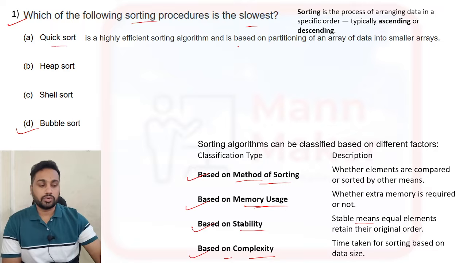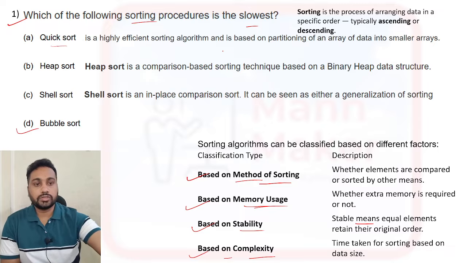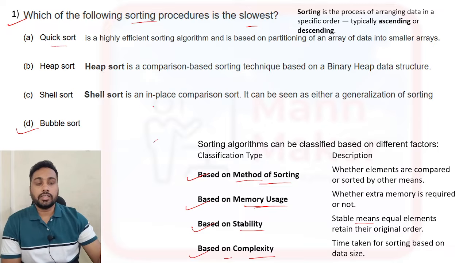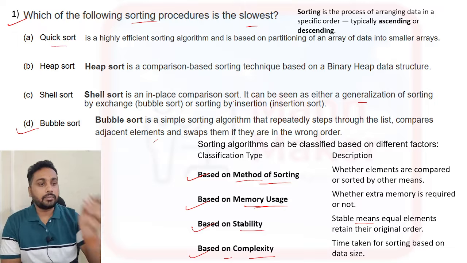Heap sort is a comparison based sorting technique based on a binary heap data structure. Shell sort is an in-place comparison sort, which can be seen as a generalization of sorting by exchanging or sorting by insertion.